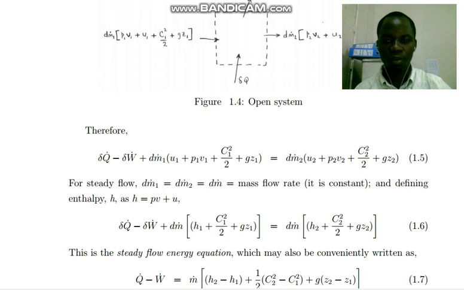So for steady flow, dm1 must be equal to dm2, which is just dm, the mass flow rate. It is constant, and hence we define the enthalpy.